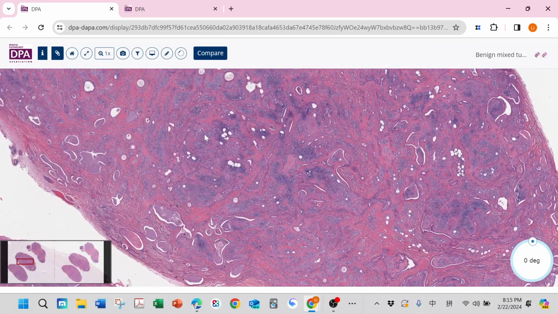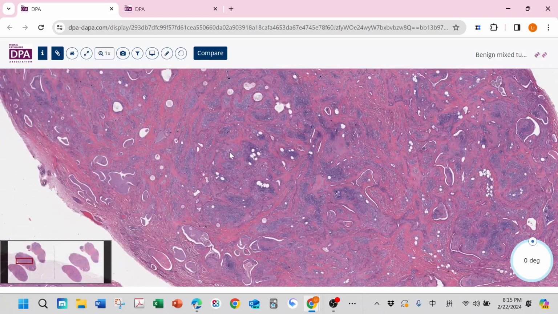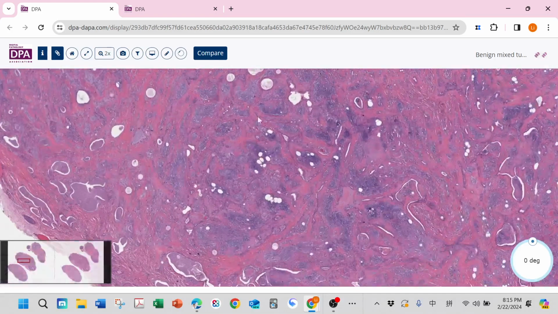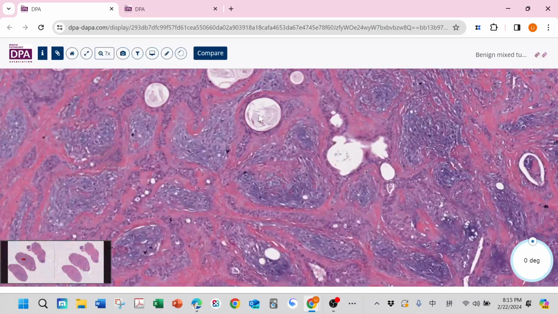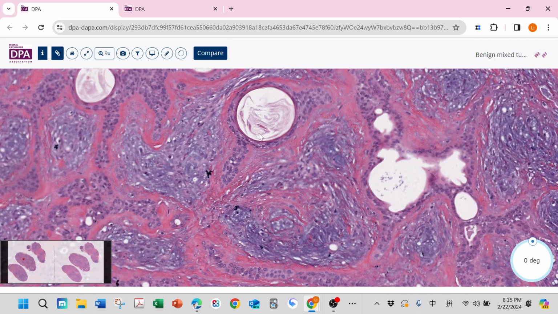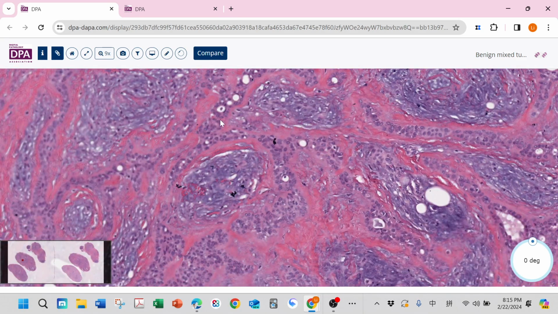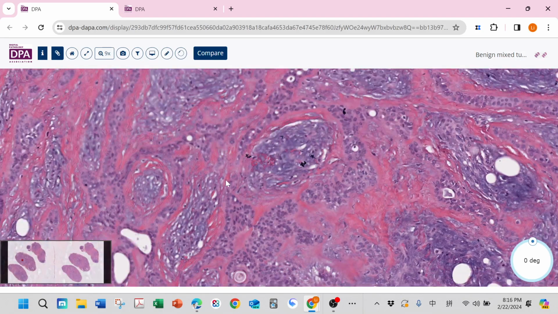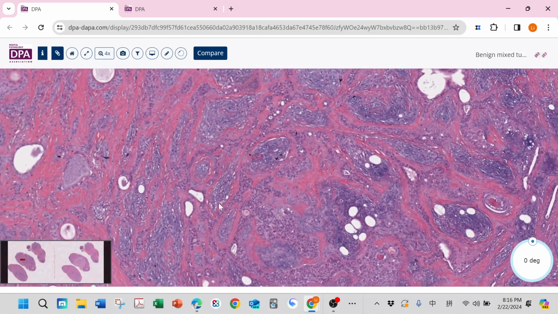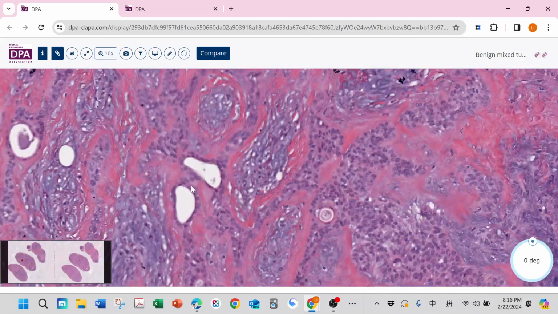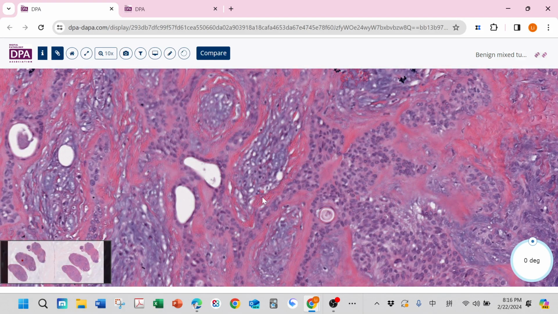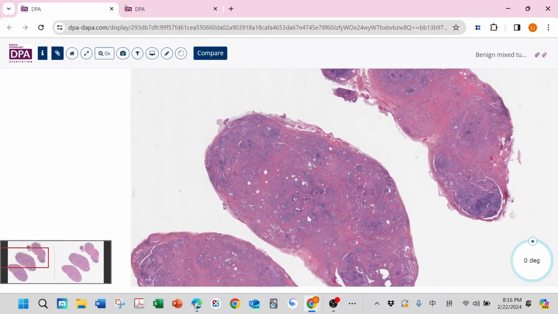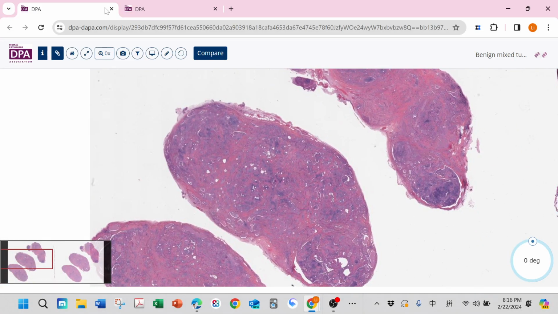The chondroid myxoid stroma is kind of minimal, but we still can see this really nice sweat duct differentiation. Two cell layers, inner layer is the epithelial, outer layer is the myoepithelial. The resolution for this one is really bad, but this is another mixed tumor.